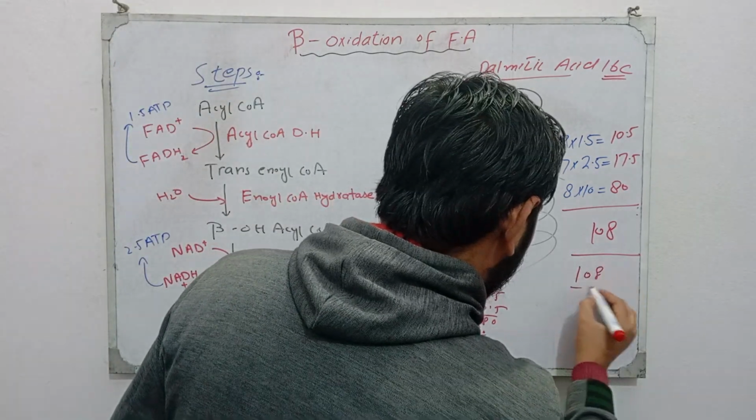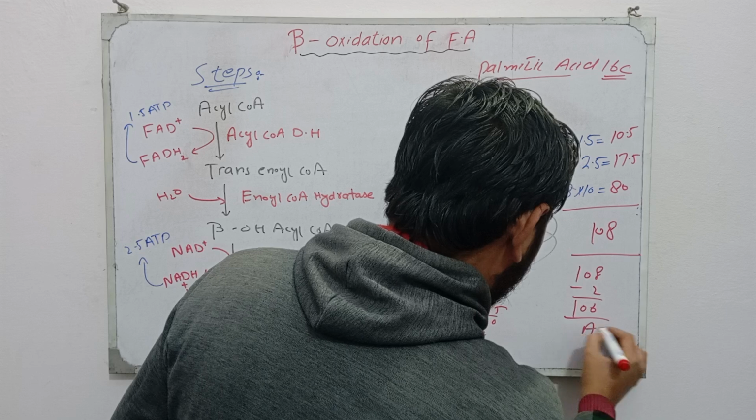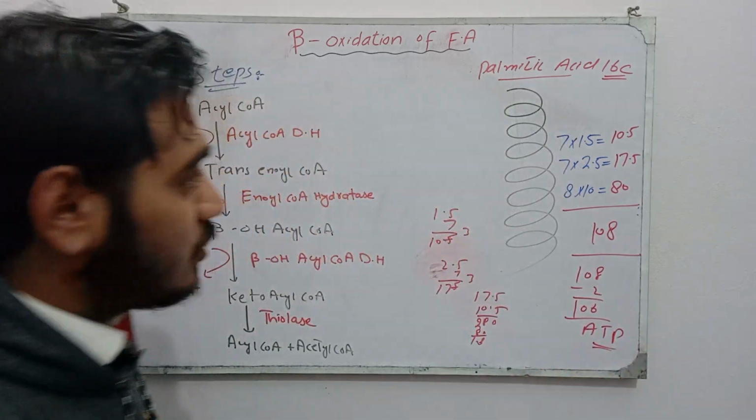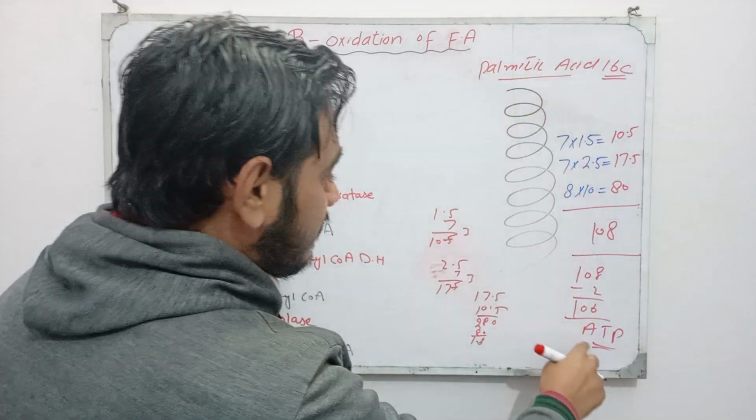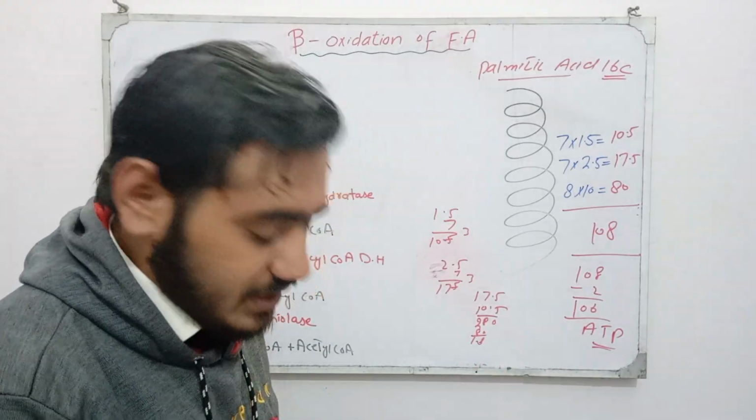So 108 minus 2, 106 ATP. So the total amount of the production of ATP from palmitic acid is 106 ATP.